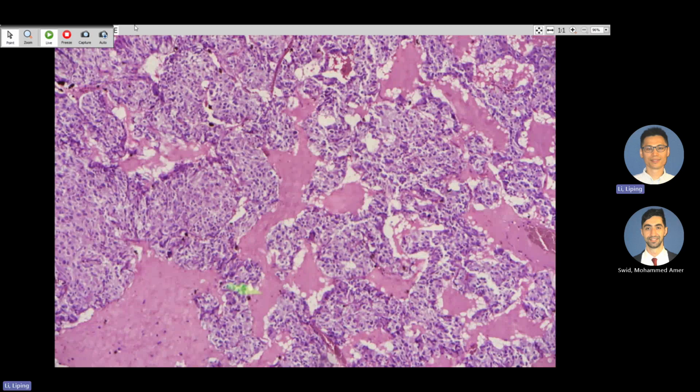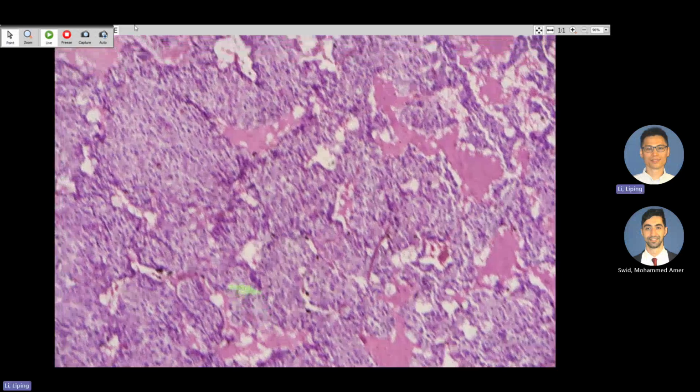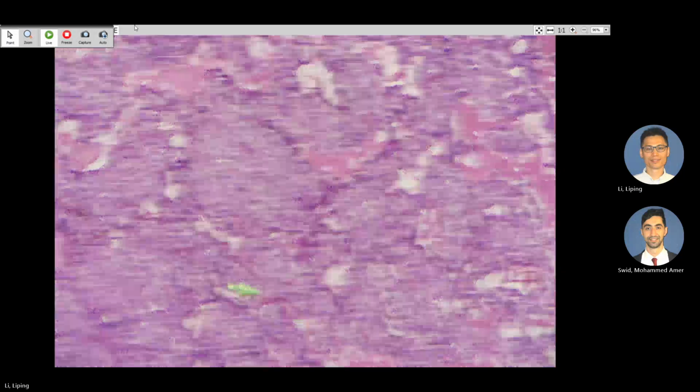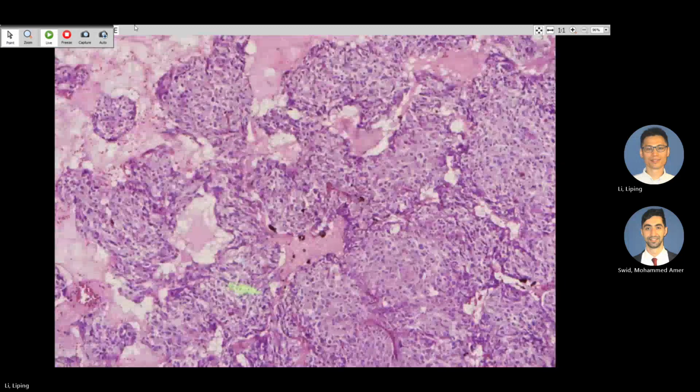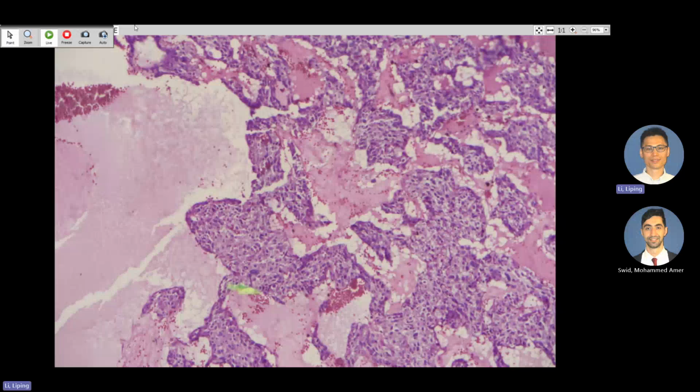Yes, this is a field. In the adrenal gland, we call it a field. Outside the adrenal gland, there's ganglioma. You can see some kind of polymorphism here, that we really could not tell whether it's malignancy or not.